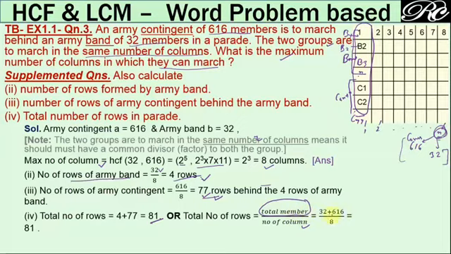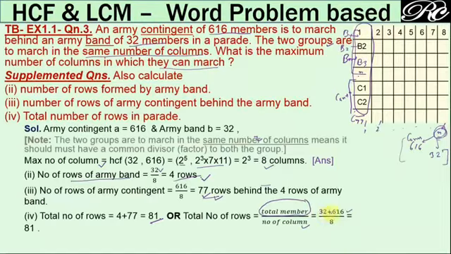Now the total number of members is 32 plus 616. 32 are the band persons and behind them 616 are the contingent persons. So the total members participated will be 32 plus 616, and on simplifying we will get the answer 81 again. So it is again 81.